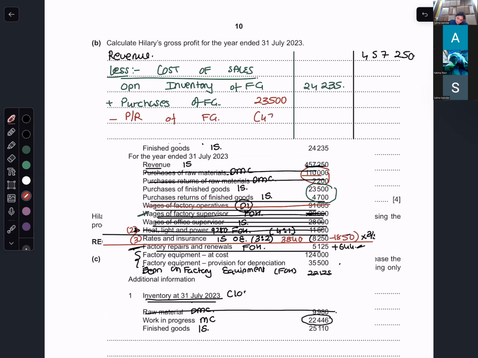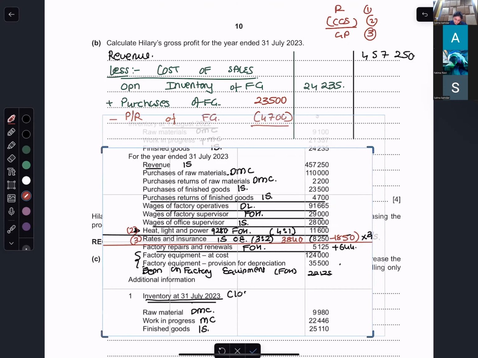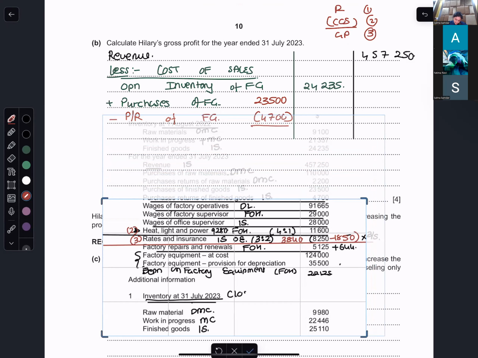Miss, why are you writing it in the first column? Because outside I only need revenue minus cost of sales gives me gross profit, only 1, 2, and 3 information. Adjustments related to purchase are always done inner to inner, in the first column. Miss, do we lose marks if we write it in the wrong column? No, you don't lose marks. It's just for clarity. Oh, okay.